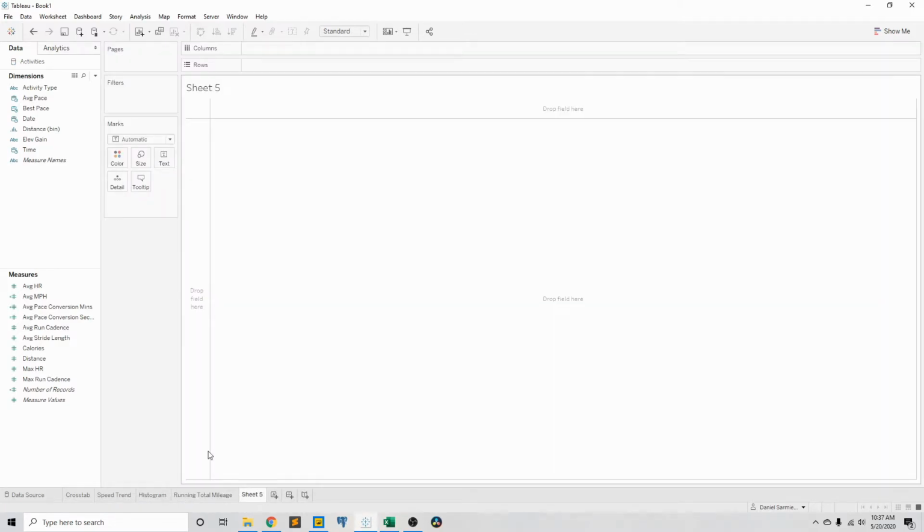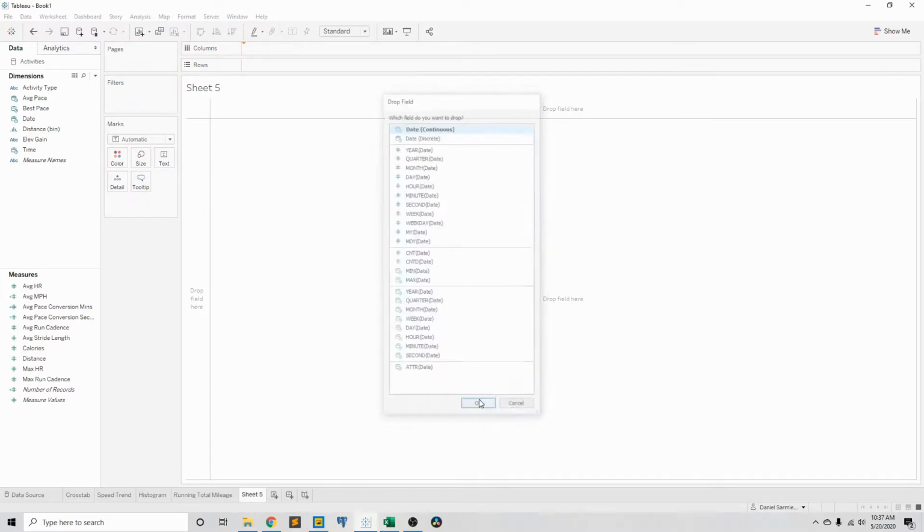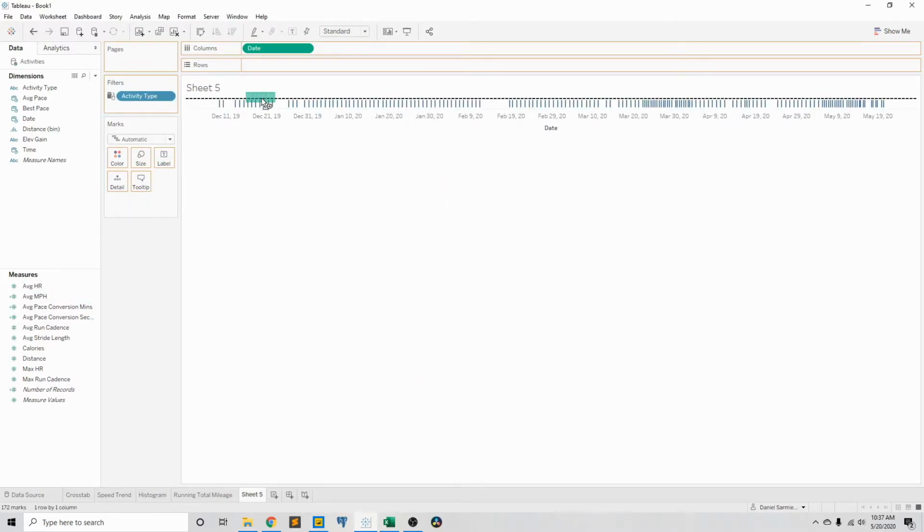And we also wanted to look at our heart rate. So the heart rate is something that I will show you has not changed so much. Average heart rate.